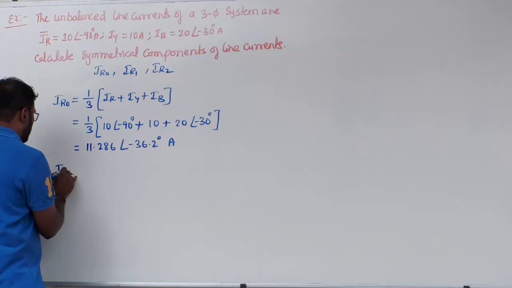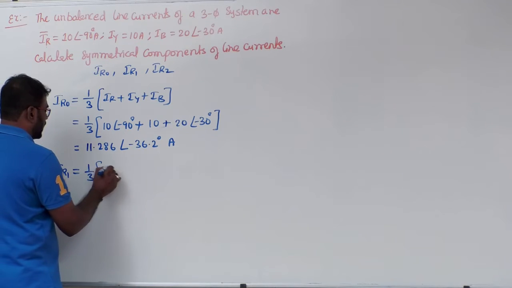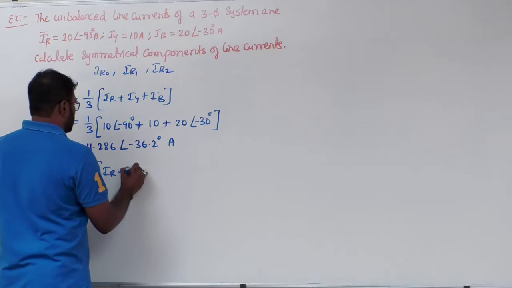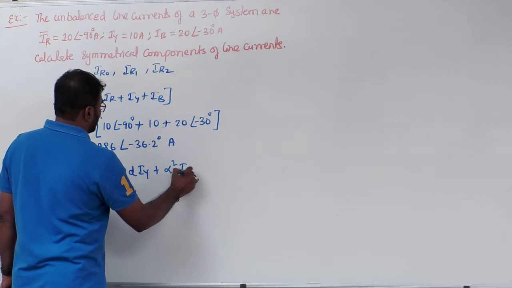Now what is IR1? IR1 equals 1 by 3 times (IR plus alpha times IY plus alpha square times IB).